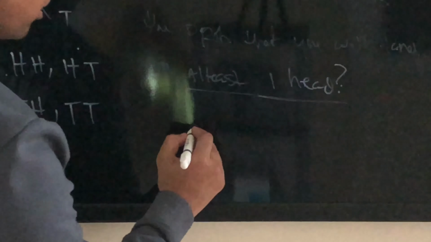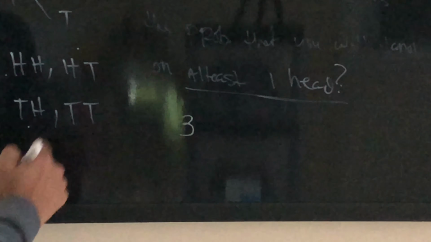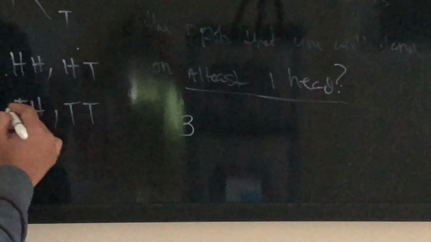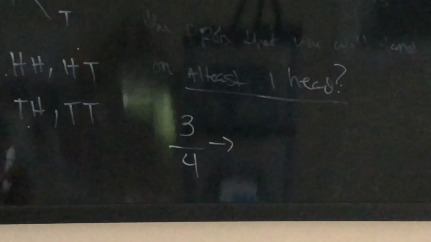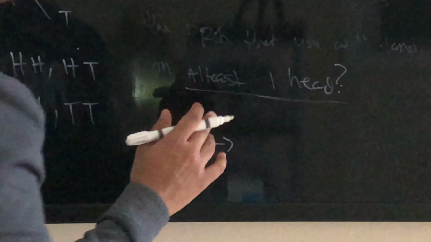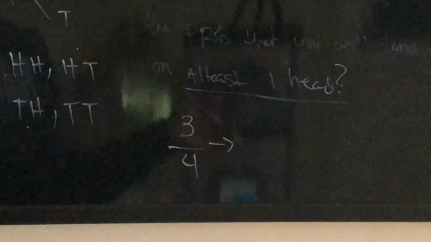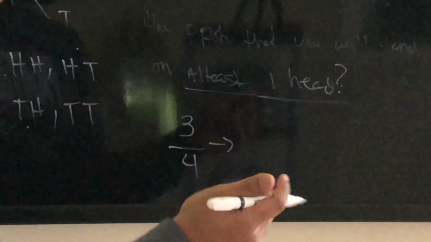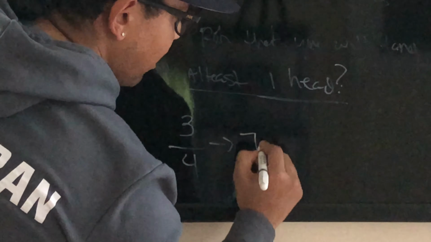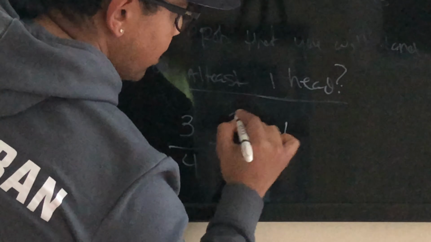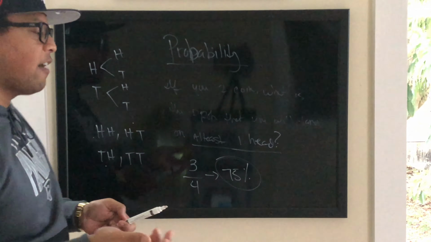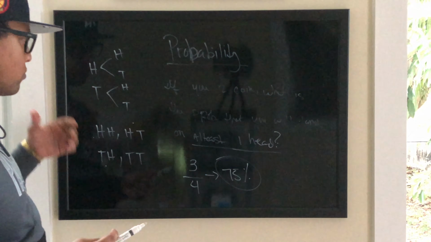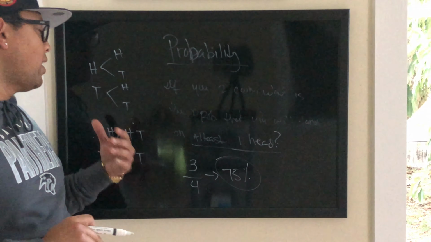So your possible outcomes are 3, but your total outcomes are 1, 2, 3, and 4. If you do your math, 3 divided by 4 is 3/4, and 3 out of 4 quarters is 75 cents, so 3/4 is 75%. That is your answer. There is a 75% chance that you will land on at least 1 head.